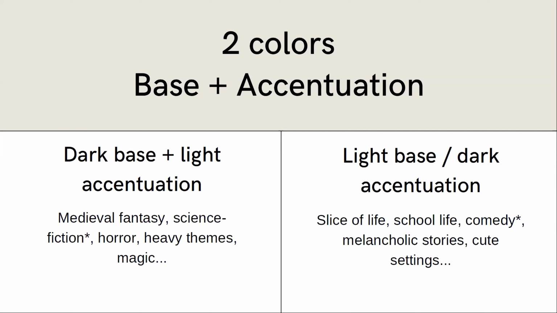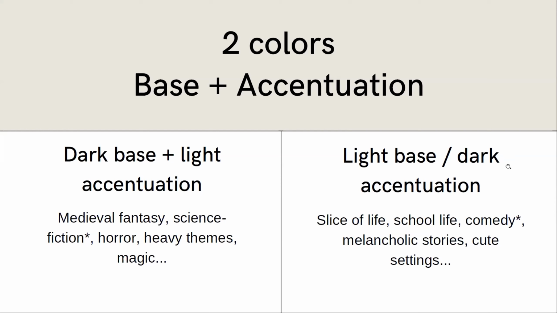I put a little asterisk on science fiction because it's really interesting: it's usually very contrasting. You will get very dark colors and very vivid accentuation colors. For comedy, it's the same. You usually get some light colors and some very vivid accentuation. While for a cute story, you are more going to lean into pastel colors.